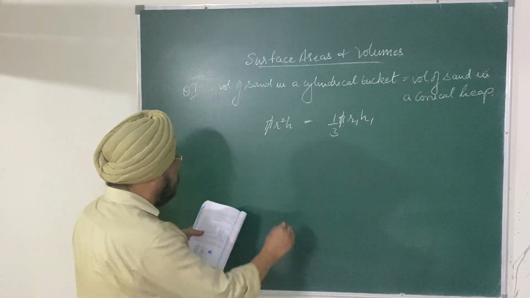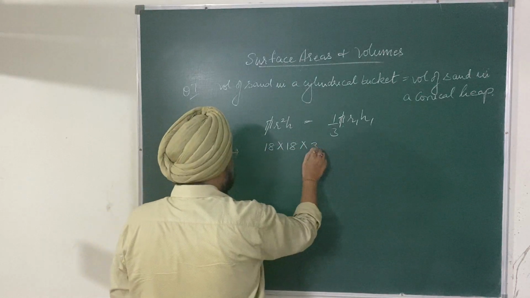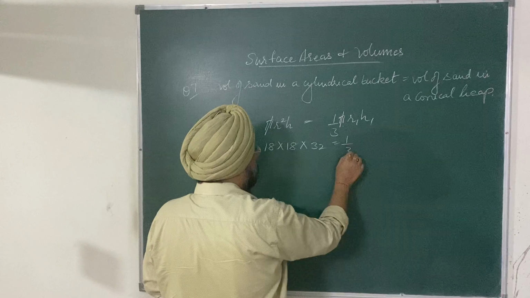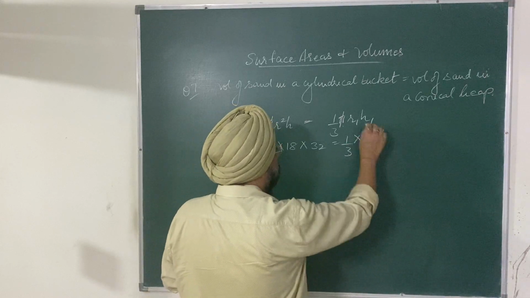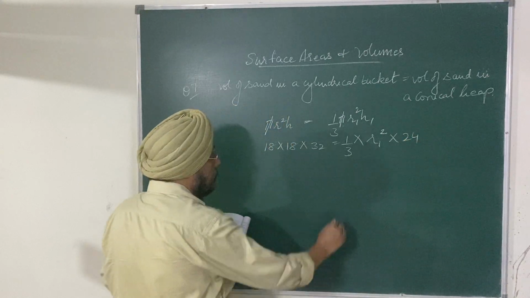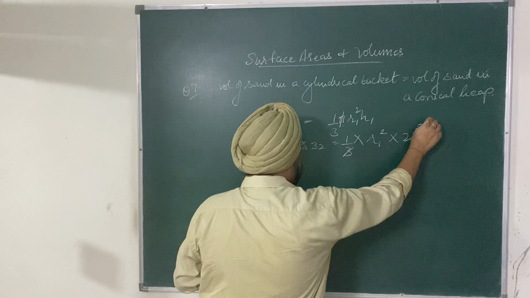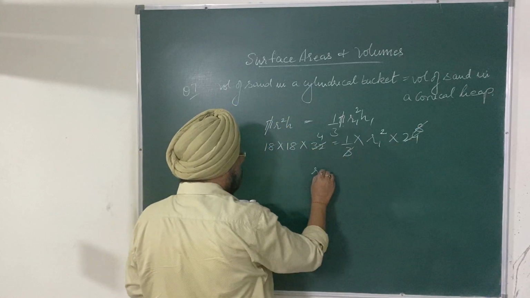So radius is given as 18. Height of the bucket is given as 32. This is 1 by 3. And radius r1 we have to calculate, and the height is given as 24. So this is 3 into 8, 8 into 4, we get r1 square.